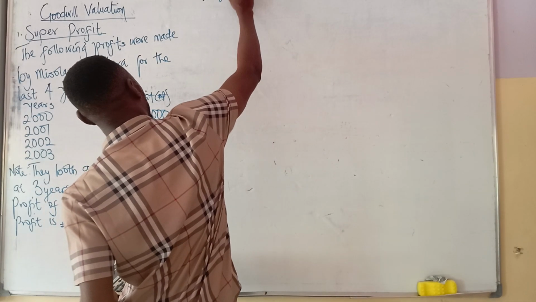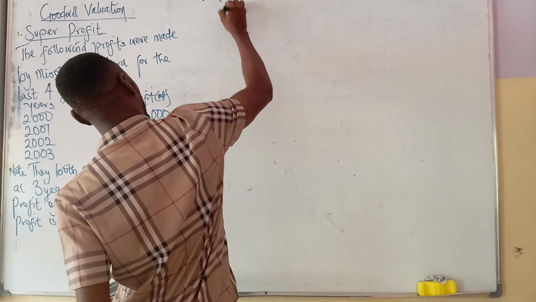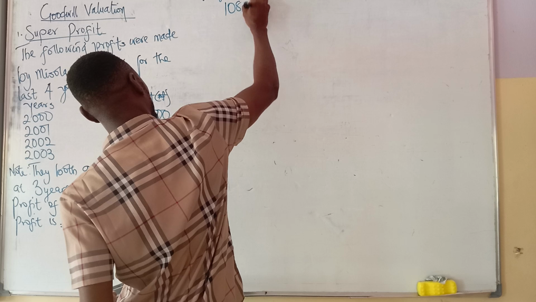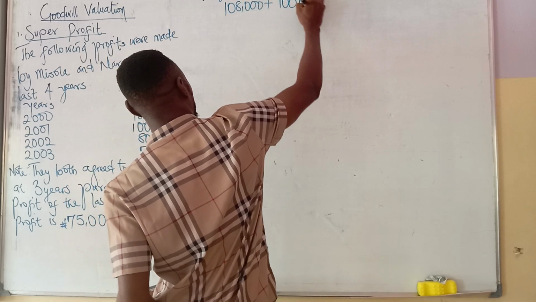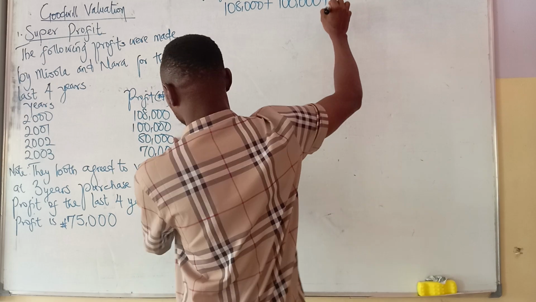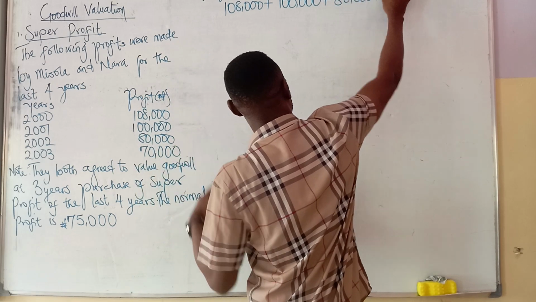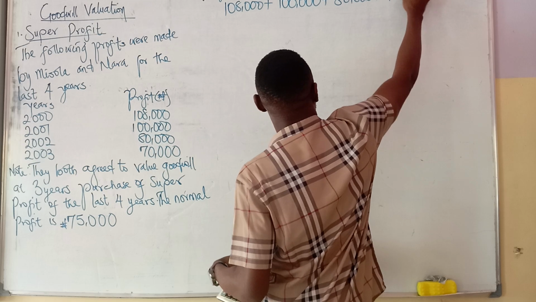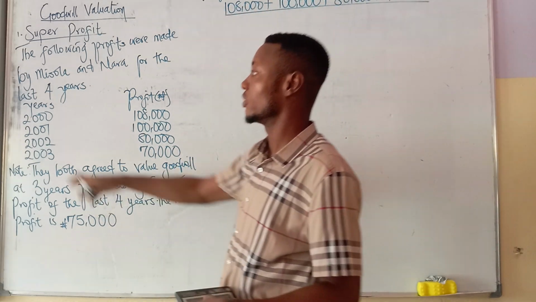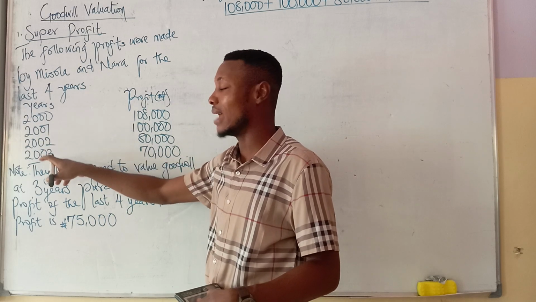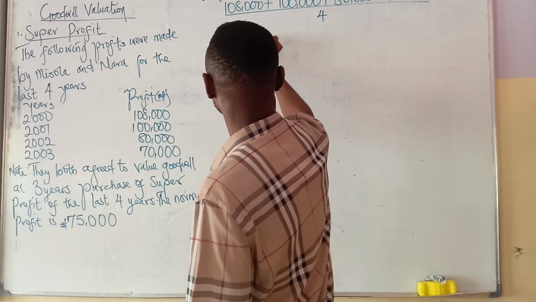Now, in my simple average, I'll add all these: 108,000 plus 100,000 plus 80,000 plus 70,000. Now, we divide it by the total number of years, which is 1, 2, 3, and 4. So we are dividing this by 4.